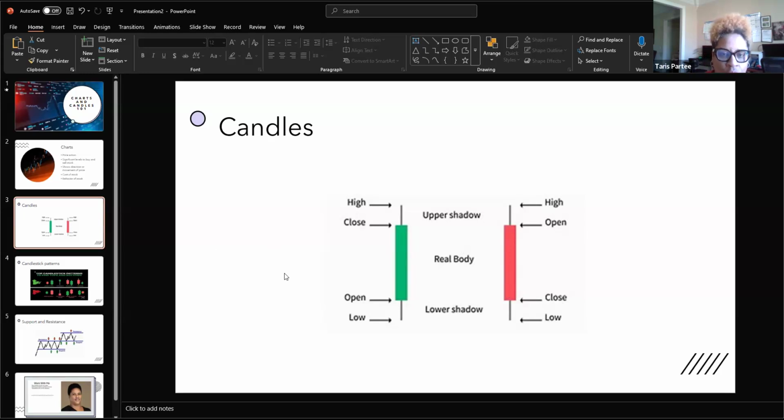Now, the stock market opens at 9:30 Eastern Standard Time and closes at 4 p.m. Eastern Standard Time. So the first thing that I'm always looking for when I am day trading is, where did the stock close on the last session?